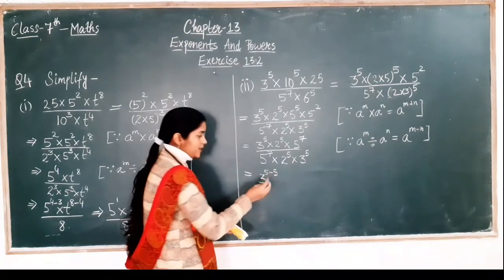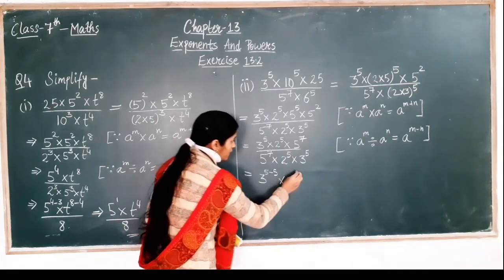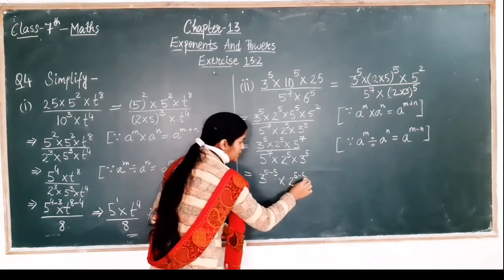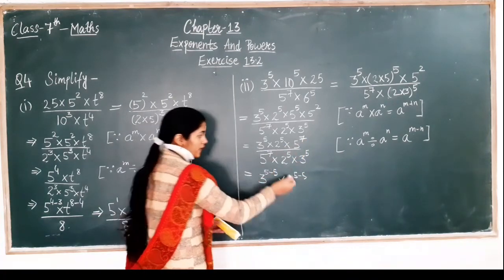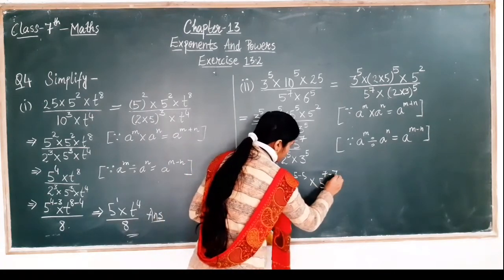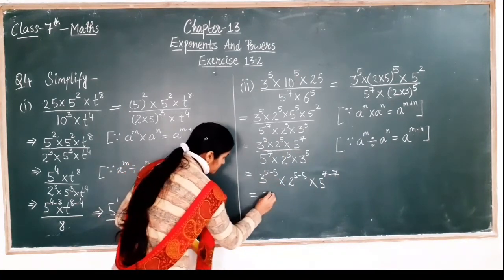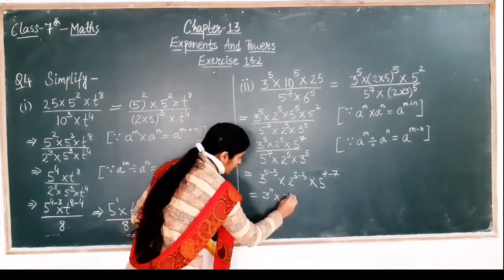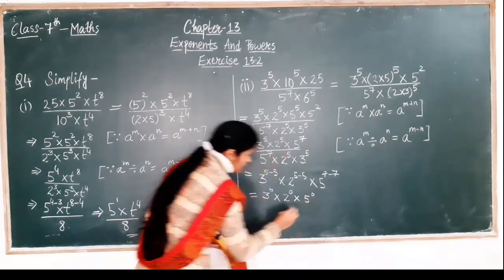Now we are going to subtract the power. Then here also 2 raised to the power 5 and here also the power is same, that is 5. Here 5 raised to 7 and here also 5 raised to 7. So we are going to subtract the power. So 5 minus 5 is 0. Here also 5 minus 5 is 0. And here also 7 minus 7 is 0.